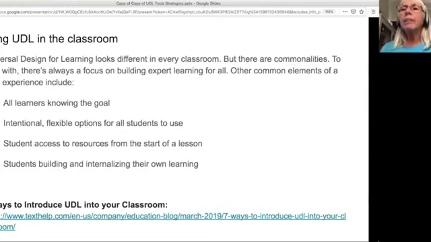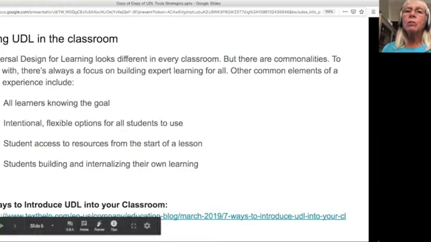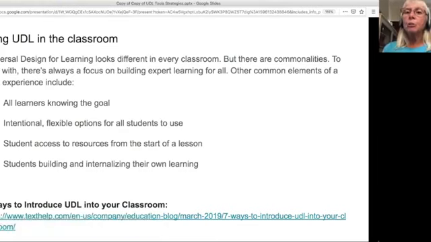So it looks different in every classroom, but there are commonalities. And there's a focus on building expert learning for all. So we need to make sure that all learners know the goal, there's options for students to use. We could put choice in there as one of those.